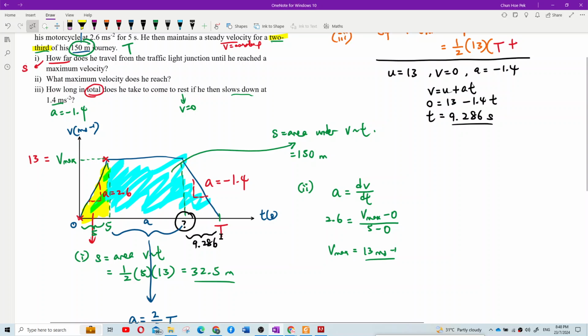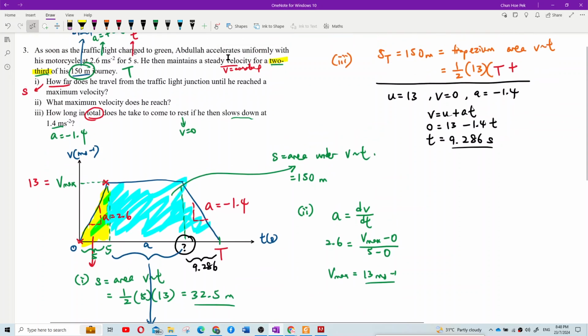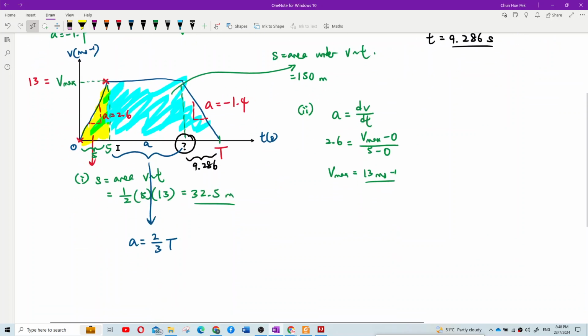Here is 9.286. So the constant velocity is 2/3 of the journey. That means the other time is only 1/3. Understand? Before and after is only 1/3. So the middle one is 2/3. You get what I mean, class?